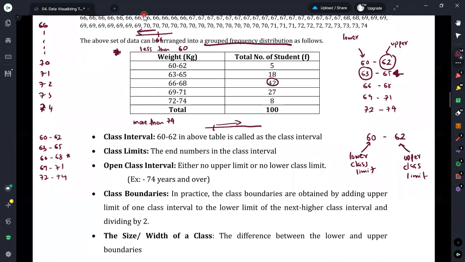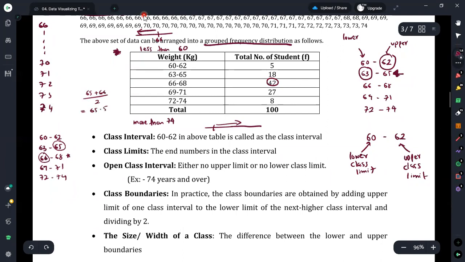Now you can see that when you are calculating the lower boundary, this class starts at 66, but the previous class ended at 65. Therefore, we have to calculate a common value for these two classes. What we can do is add 65 to 66 and divide by 2. That is why we get 65.5 as the lower boundary.